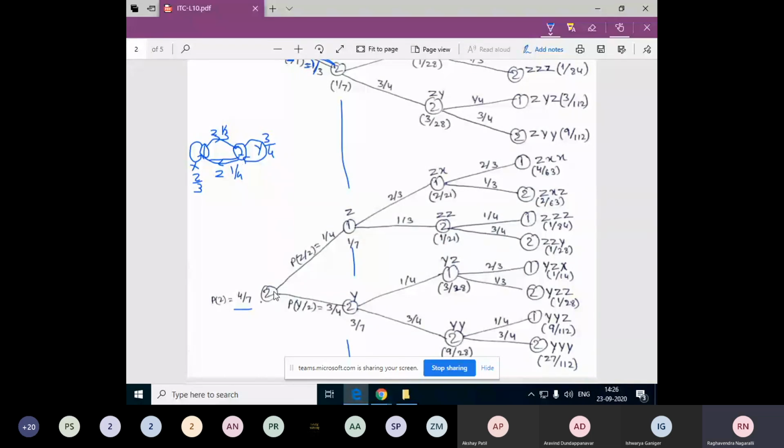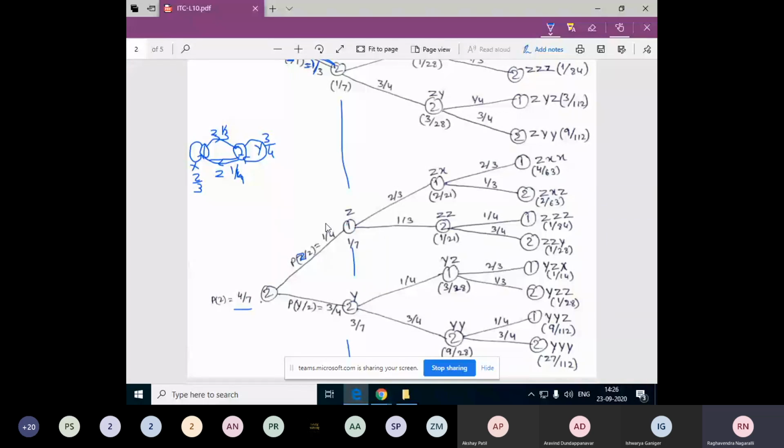From 2 to 1, which symbol is emitted and with what probability? Z is the symbol emitted, with probability 1 by 4.